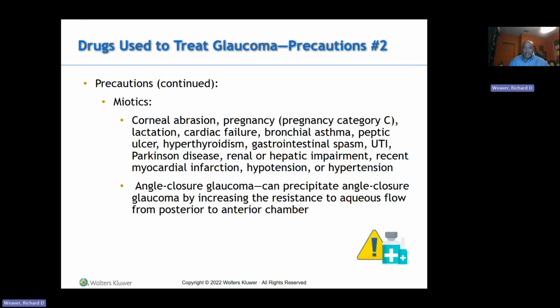It's saying that these drugs, the miotics, can cause this angle closure glaucoma, which is more acute and is a medical emergency because it can cause a significant increase in the intraocular pressure that can result in loss of vision.